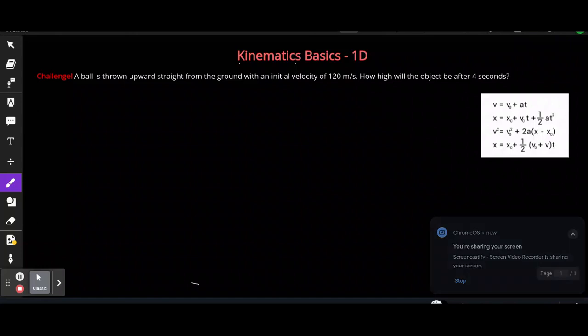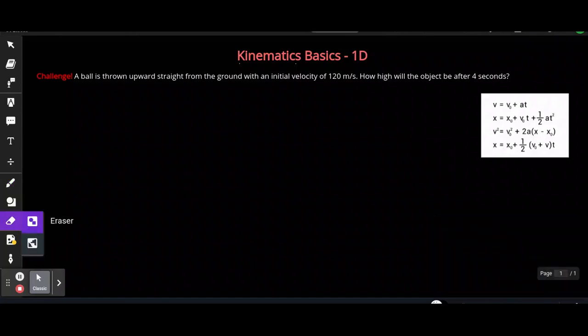So this is going to be a challenge problem in our last practice question, which uses the concept of free fall. A free fall is basically when an object is given an initial velocity and thrown up into the air on Earth, or let go from an initial height on Earth.